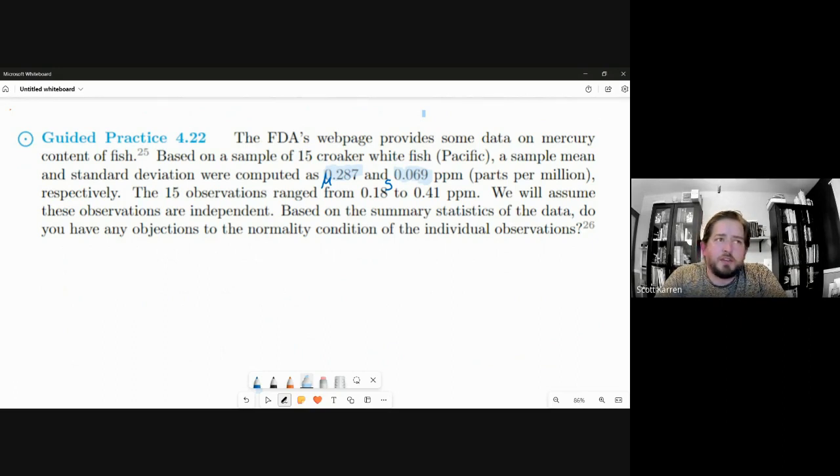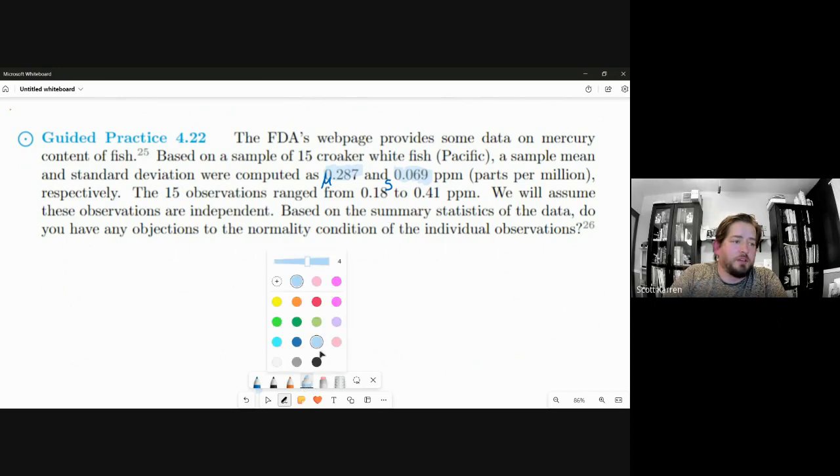The 15 observations ranged from a minimum value of 0.18 to a max value of 0.41.